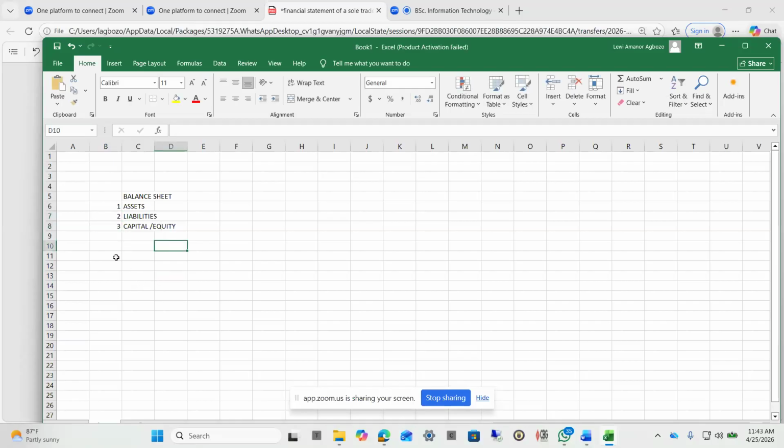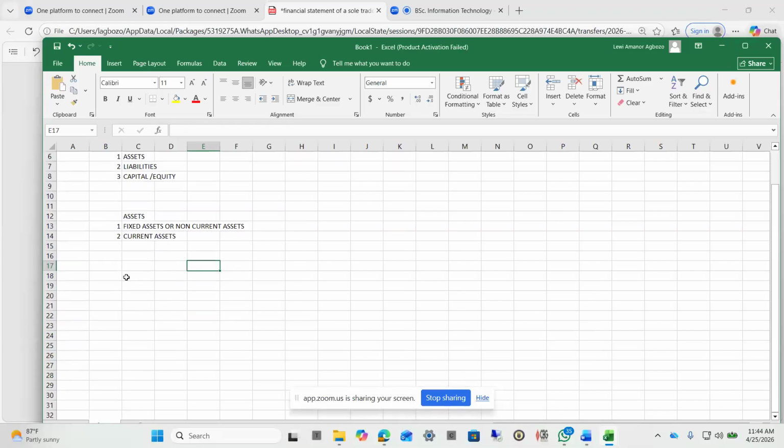Then we are saying that assets, we also have fixed assets or non-current assets, and then we have current assets. Is that okay? Yes, sir.